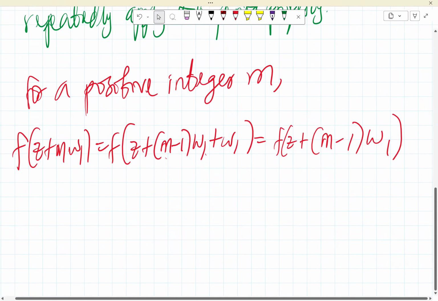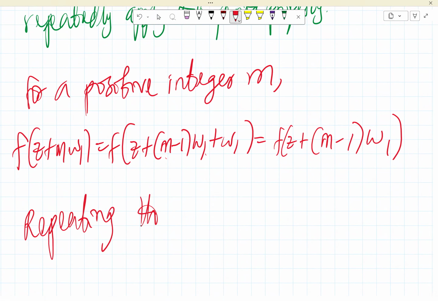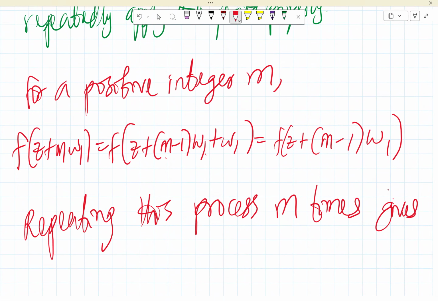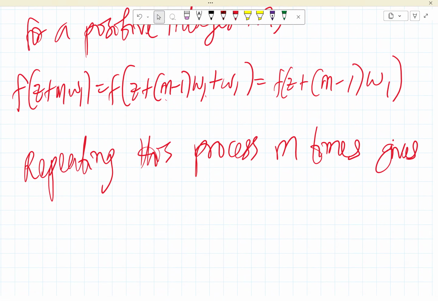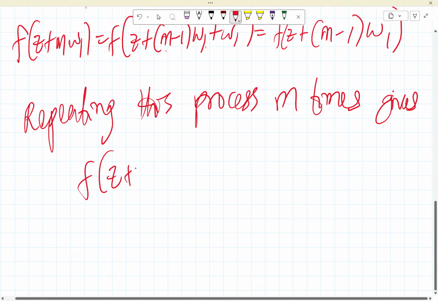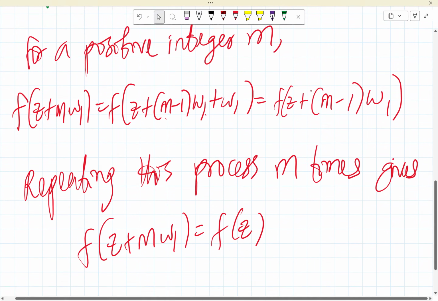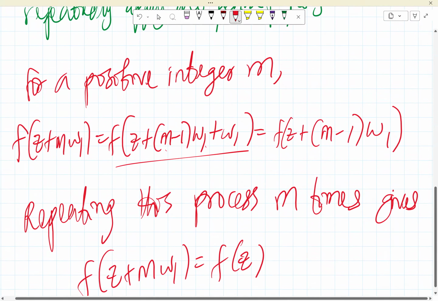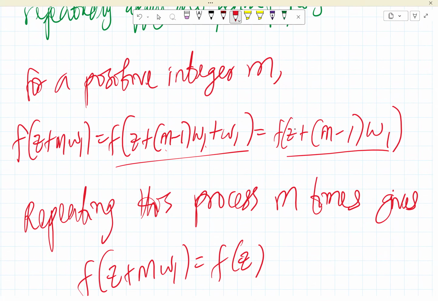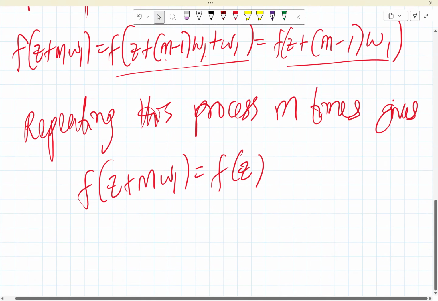So if you keep repeating this process m times, it will give us the fact that f of z plus m omega 1 is equal to f of z. As you can see here, omega 1 keeps disappearing, and if that keeps going, we end up with just f of z, like this.